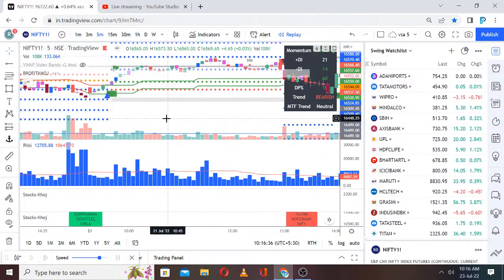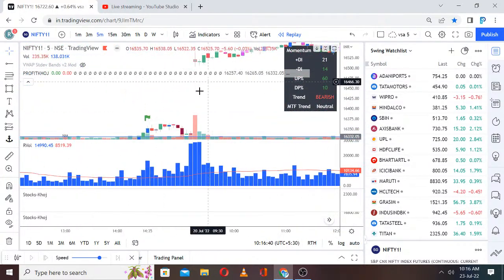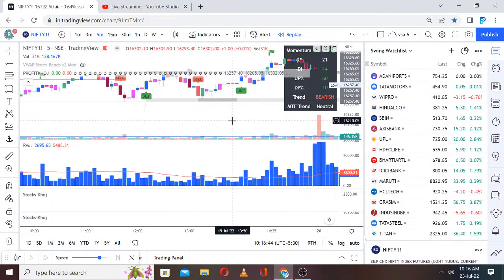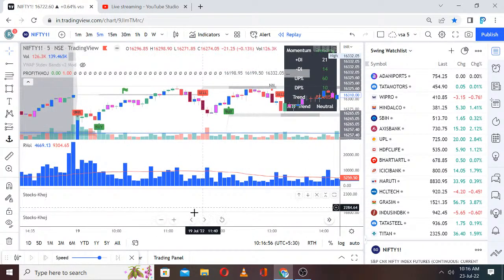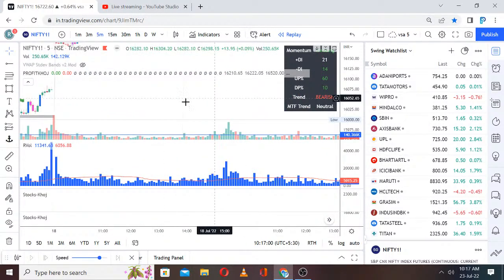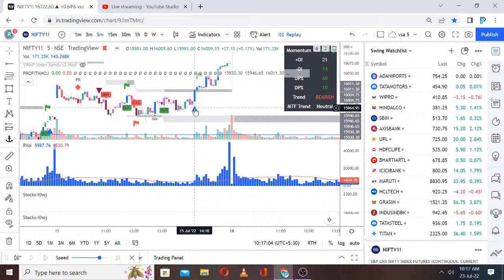Which breakout did we take recently? This we discussed already. See, on the breakout candle, the relative volume is very less. Yeah, see here, another breakout.